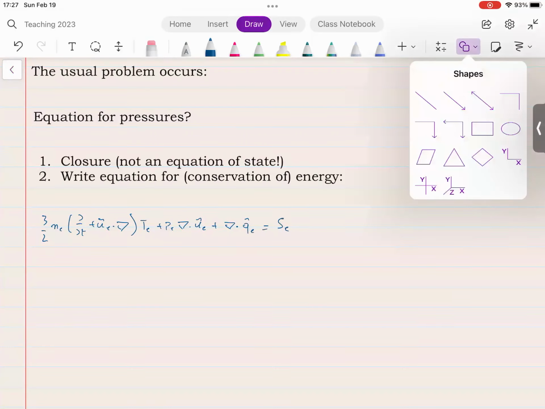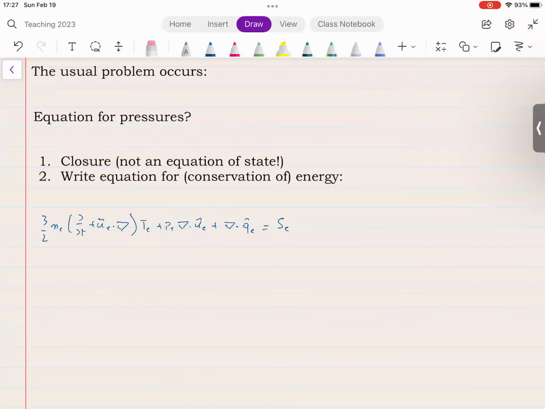I'm just going to tell you what these symbols represent. The first one I'm going to write is the last one actually in the equation.